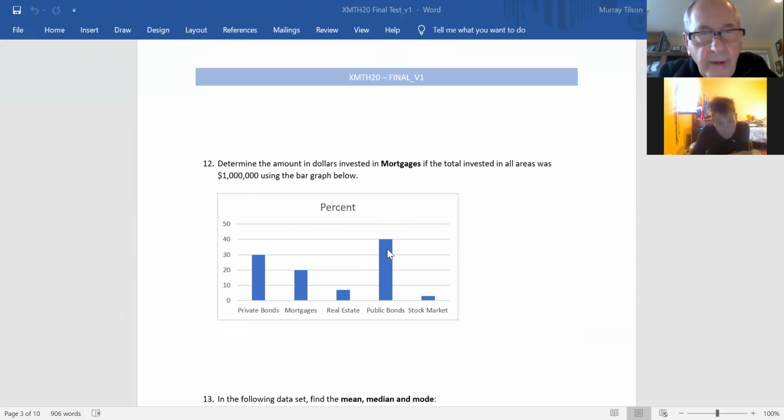This graph shows by percent how their investment is spread out: private bonds, mortgage, real estate, public bonds, stock market. Not very much in stock market, but in mortgages, it's 20%. So you'd say 20% divided by 100, or 0.2, times the total amount to get the amount. That's how you would get all these parts.